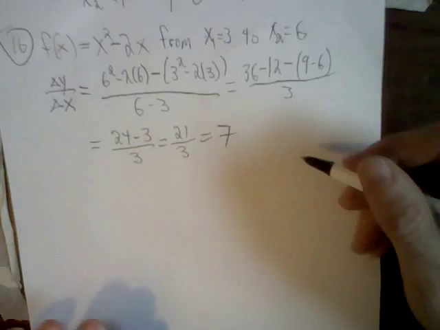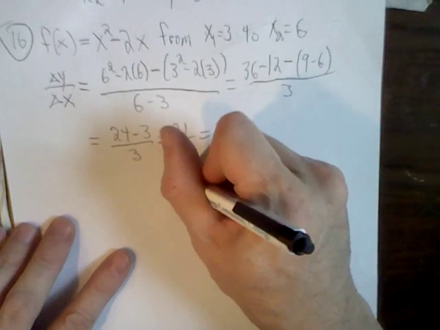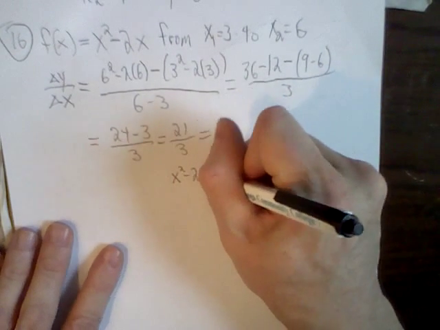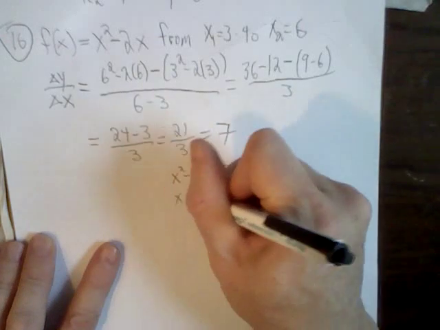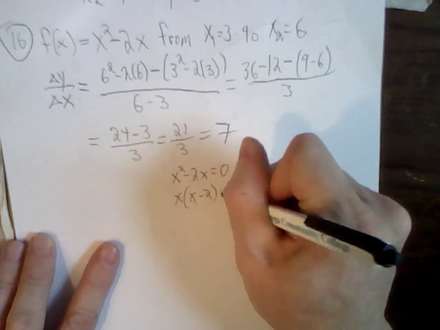Okay. We can actually graph this thing. I'll find its intercept. So it'd be x times x minus 2 is 0.